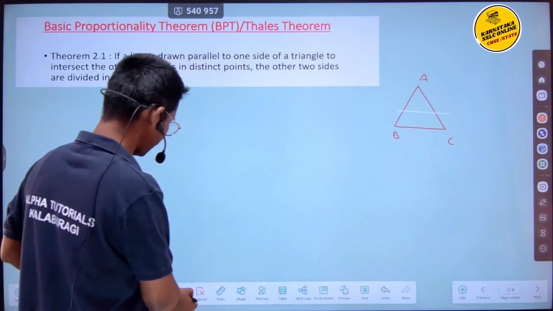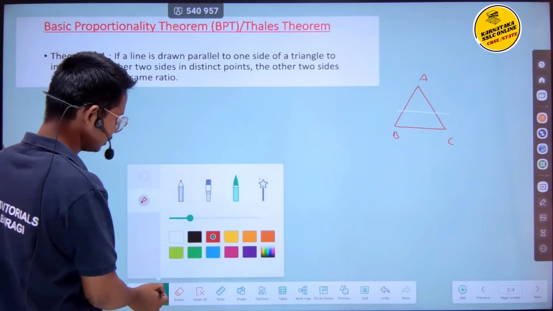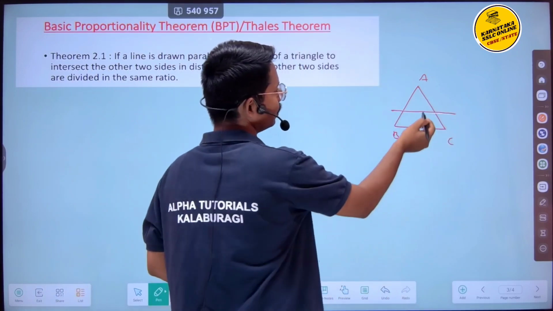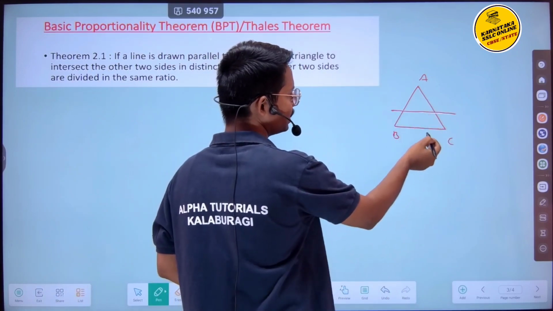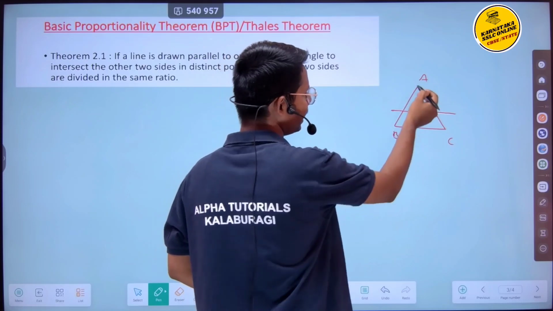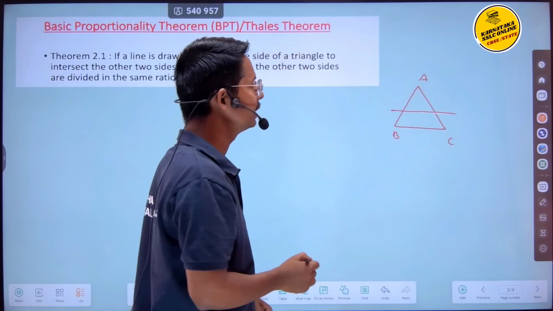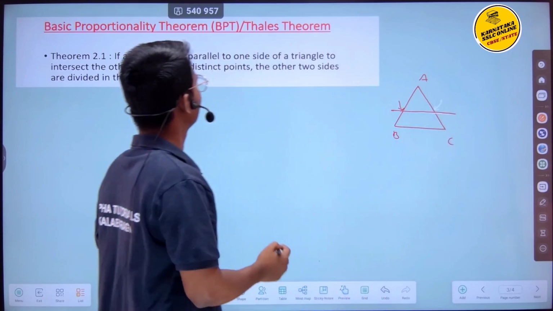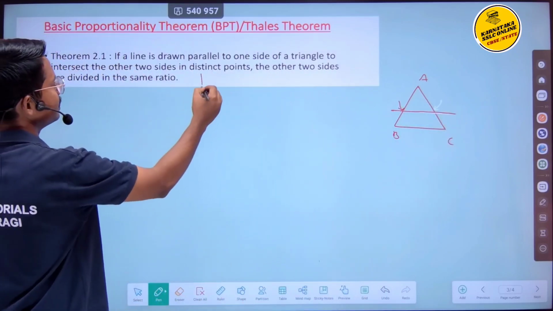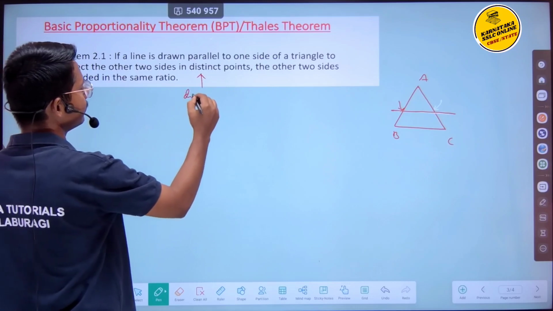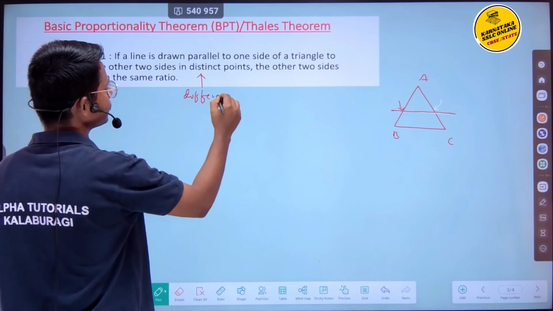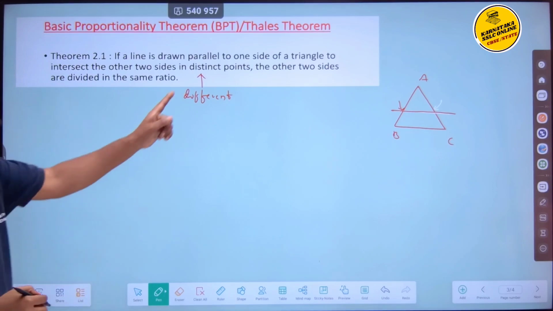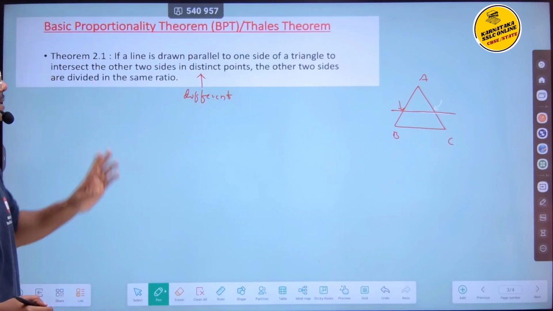This line, which is parallel to BC, will intersect AB and AC, the other 2 sides, at different points. What do we mean by distinct? Distinct means different points. Then the other 2 sides are divided in the same ratio.